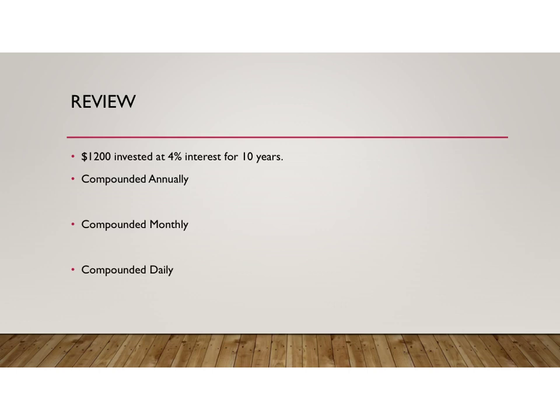So just as a review, in compounding interest, if I invest $1,200 at 4% interest for 10 years, and I compound this annually, I would change that percent to a decimal. And then annually is one time a year, so dividing this by 1 doesn't change much, but then I would add 1 to it.